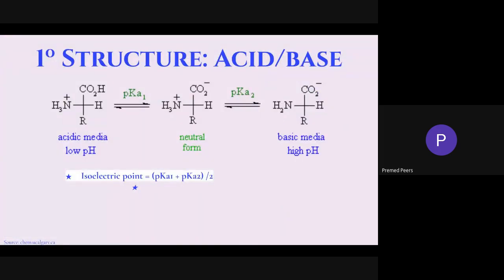In terms of acid and base, one key thing that could be a little bit challenging is calculating the isoelectric point.